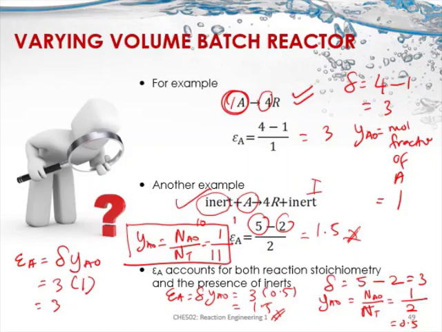Later you are going to use it in chapter 3 and the rest of the chapters, especially when we are dealing with gas phase reactants, because gas is always variable volume, whether in a batch reactor, CSTR or PFR.